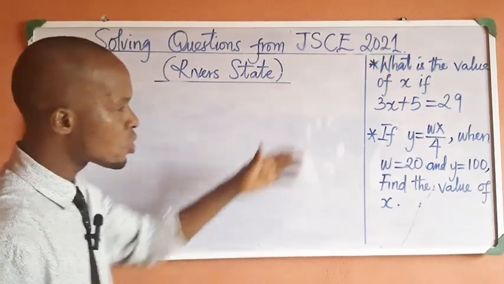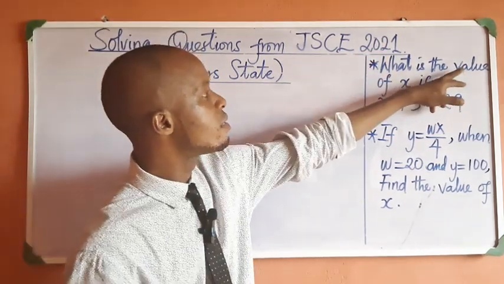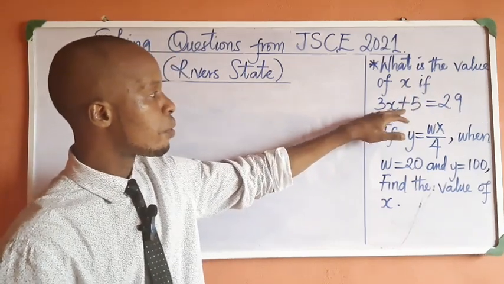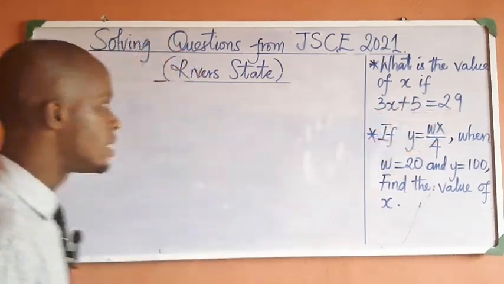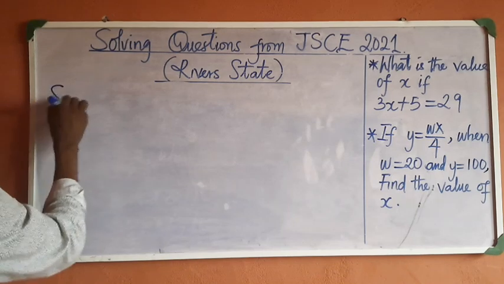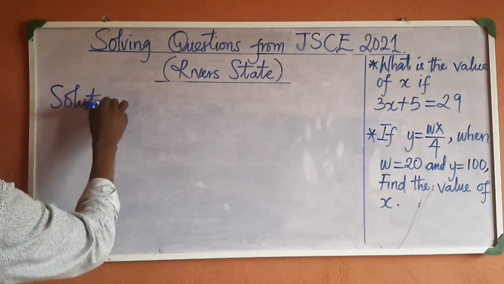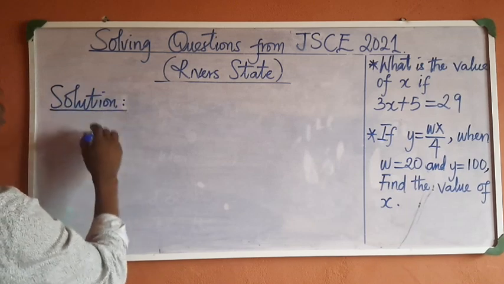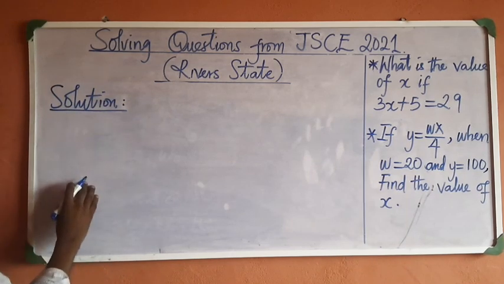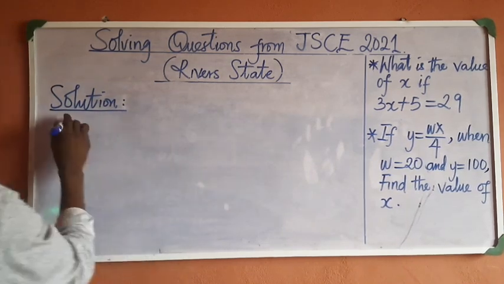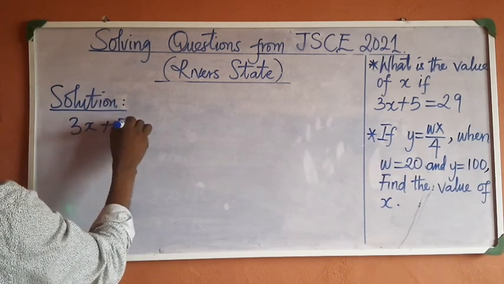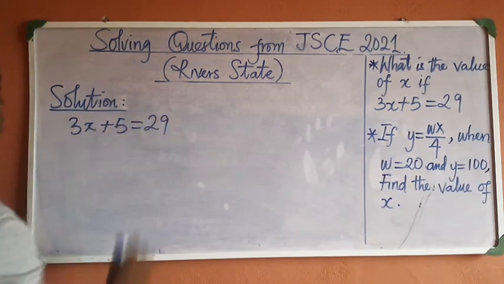Okay, the first question says, what is the value of x if 3x plus 5 equals 29? Solution. What is the value of x if 3x plus 5 equals 29?